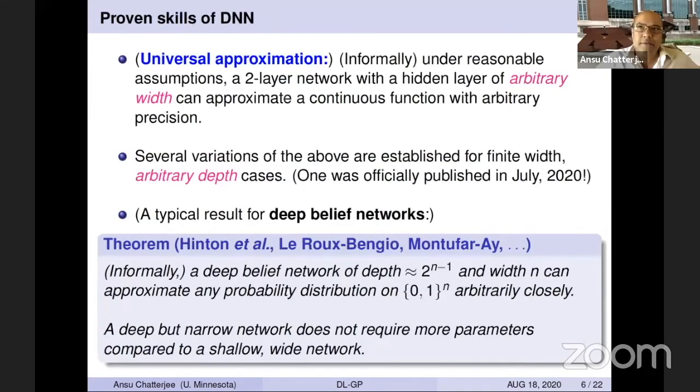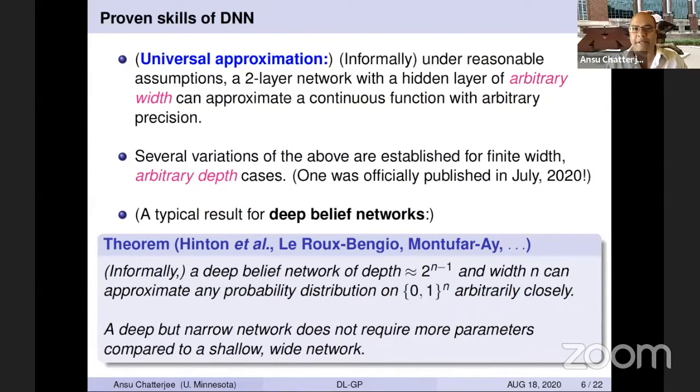Yeah, so what do we know about deep neural networks or artificial neural networks in general? Now, something that has been known for a very long time, for decades now, is that if you take a shallow network, a two-layer network, so basically meaning only one hidden layer, and make it infinitely wide as you would like it to be, you could pretty much approximate any continuous function with arbitrary degrees of precision using that particular neural network.